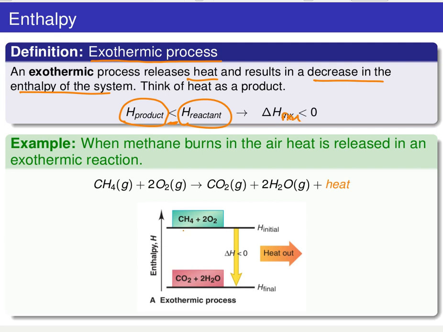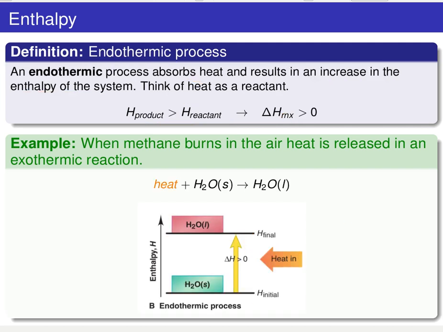So an example here, burning methane: methane and oxygen start off as our reactants with a high enthalpy. And during the course of this combustion reaction, you form CO2 and water products which have a lower enthalpy. And so the delta H is the difference between this final and initial state, and it is going to be negative, which means heat is going to be given off to the surroundings.